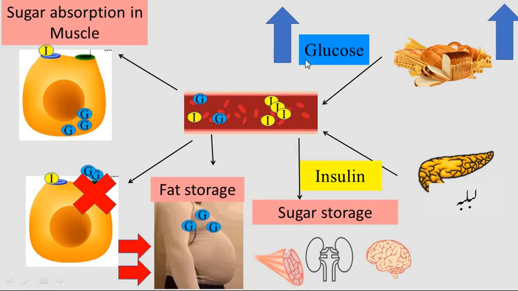in your blood, and this glucose level will trigger insulin production from the pancreas. You eat more, you have more glucose, and you have more insulin in your blood. When you have more insulin and more glucose in your blood, and the glucose is unable to go to the muscle cells due to insulin resistance, what will happen?